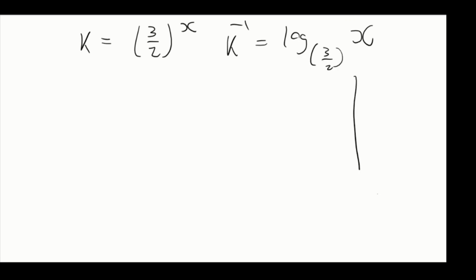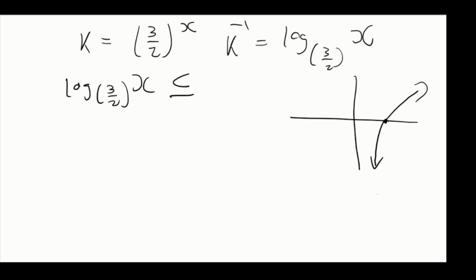So if you were to draw that inverse, it's going to look something like that. All right, so now we want to identify the values of x such that this log of base 3 over 2 of x is less than or equal to 0.